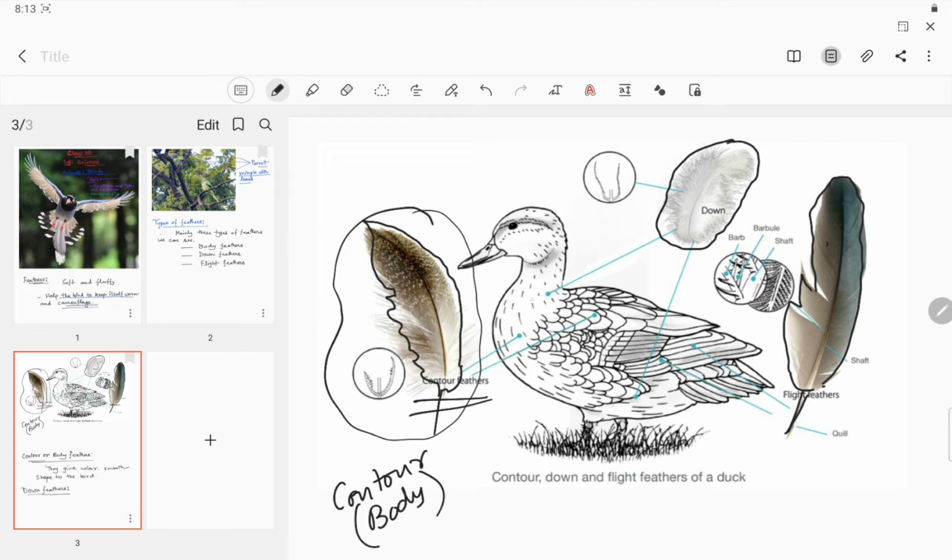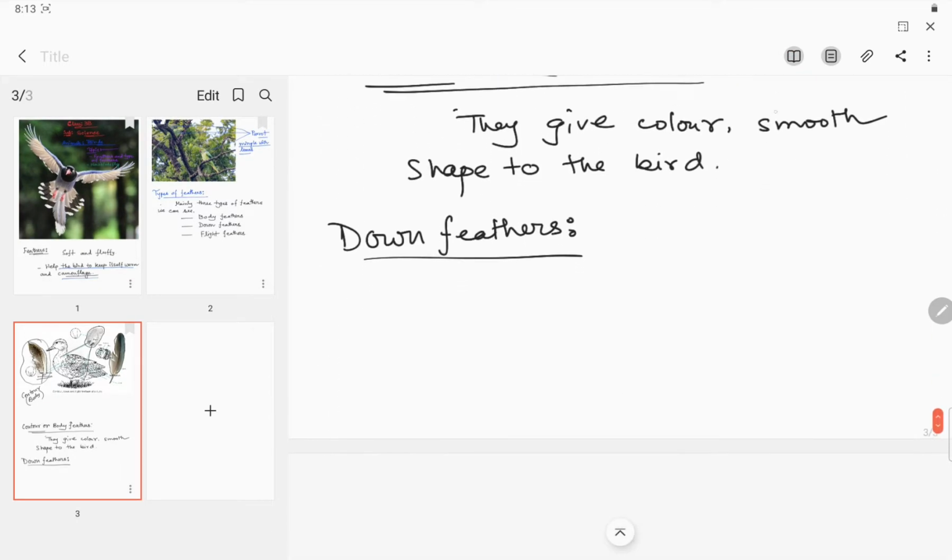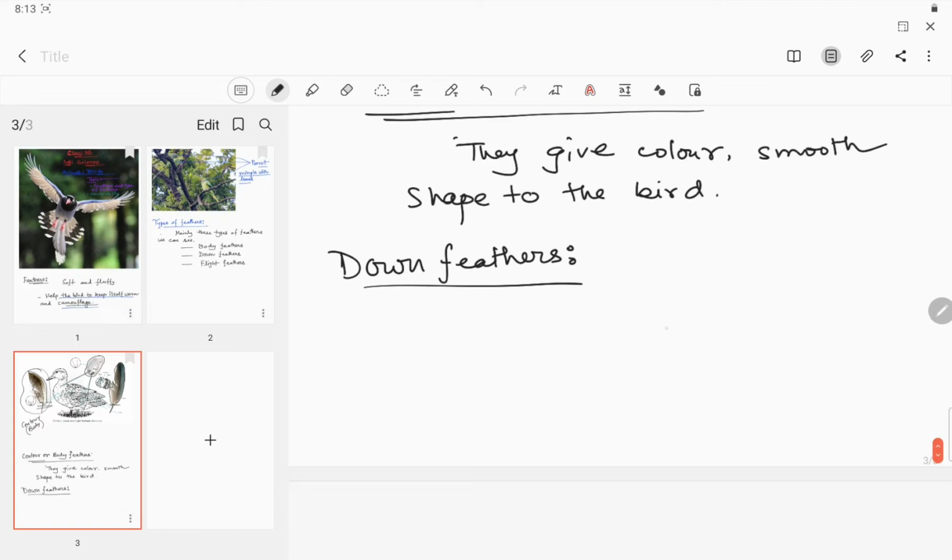These feathers are the down feathers. You can see here. Down feathers are basically soft, very soft and fluffy.